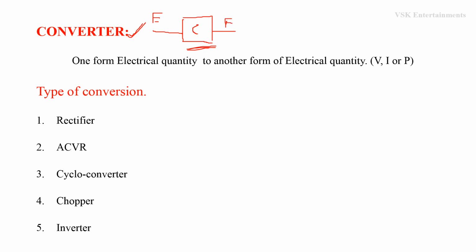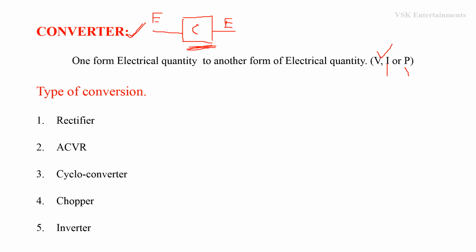Here electrical quantity means either voltage, current or power. It is a circuit which converts one form of voltage to another form of voltage, or one form of current to another form of current, or one form of power to another form of power. That is the concept of a converter.